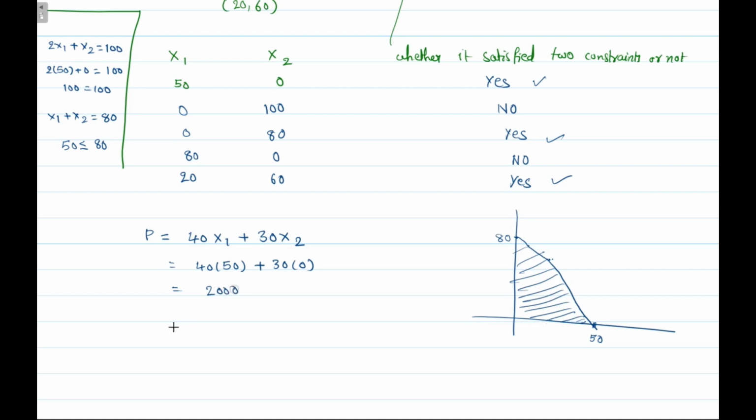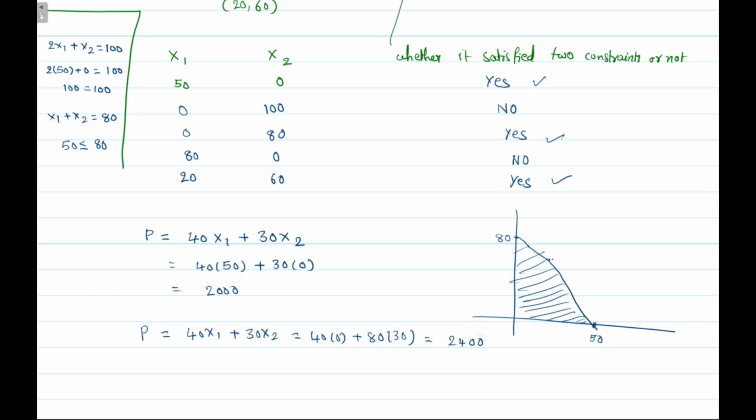Next, substituting into 40 x1 plus 30 x2 the second point, 0 and 80, that is 40 multiplied with 0 and 80 multiplied with 30, it will give you 2400.